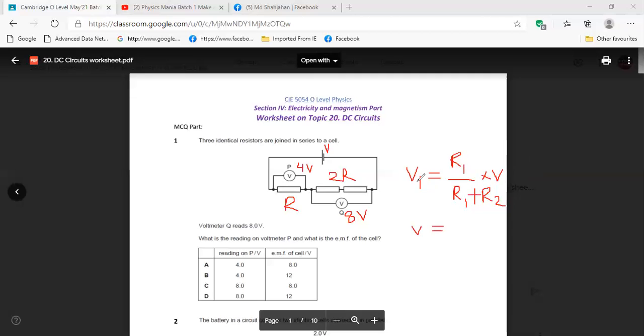Then R1 plus R2 is 3R divided by R. Then check.